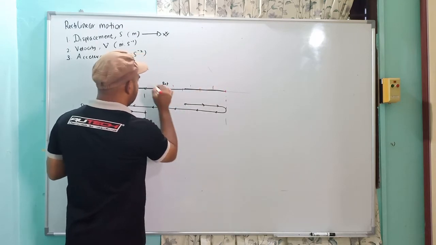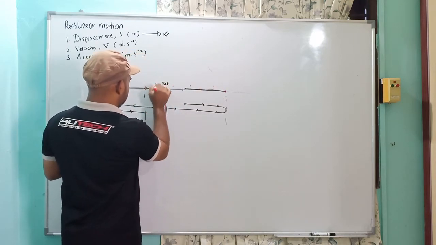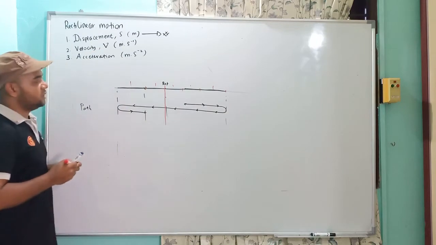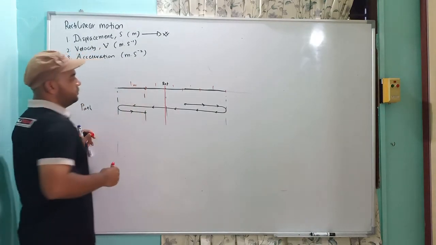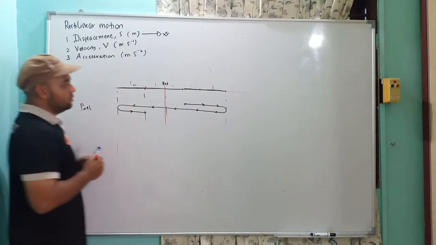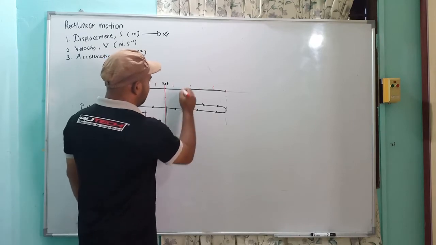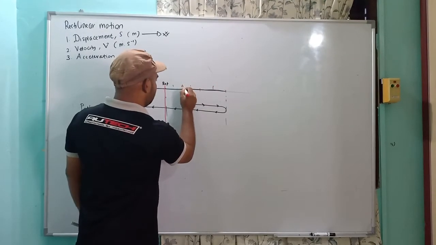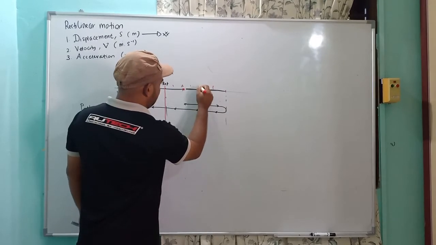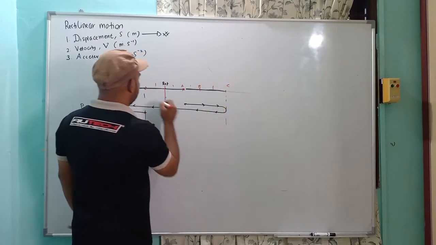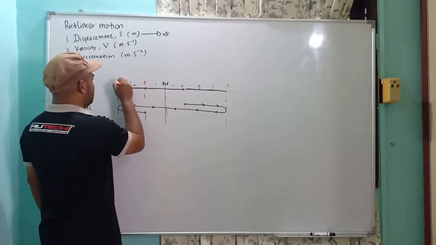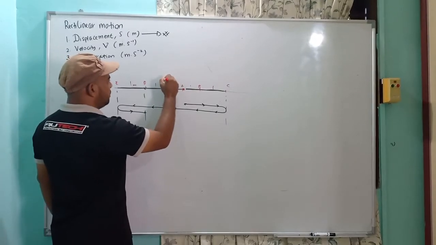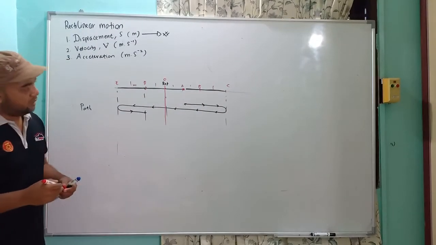Let's say we have point A, point B, point C, point D, point E, and this is point O.